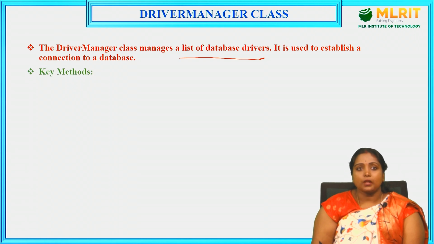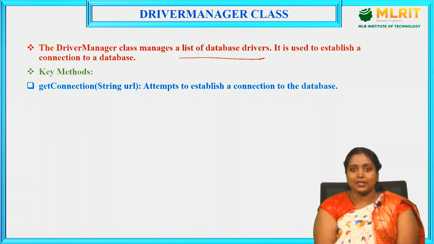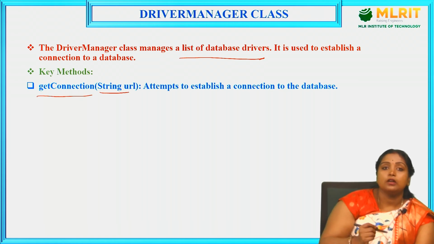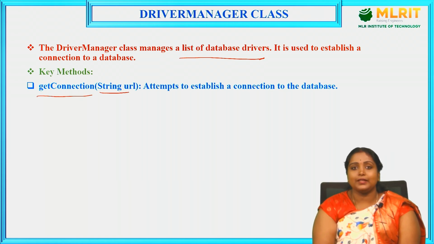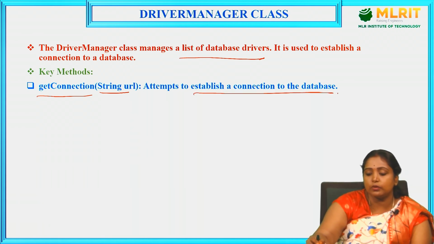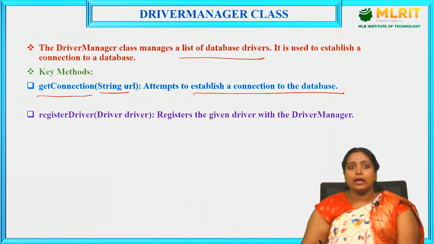Here are the key methods used in the DriverManager class. getConnection: you have to supply a URL for the getConnection method, and it will establish the connection between the Java API and the database. Next, registerDriver.